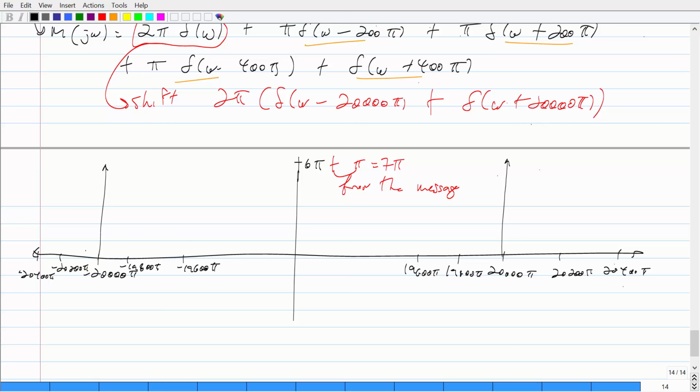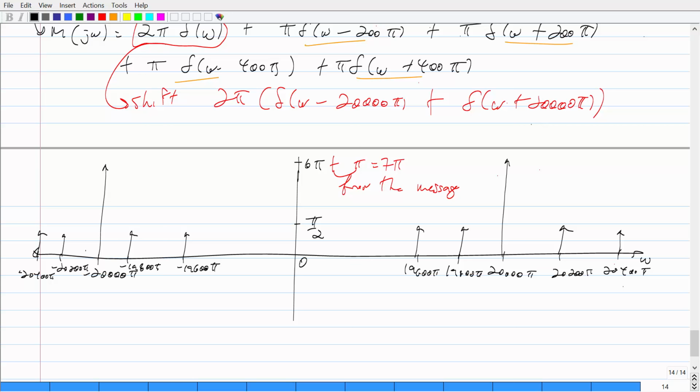So all these will get, oh, this is a pi here. All these get multiplied by pi over 2. So 1, 2, 3, 4, 2, 3, 4. That's what it would look like, and this is in terms of omega.